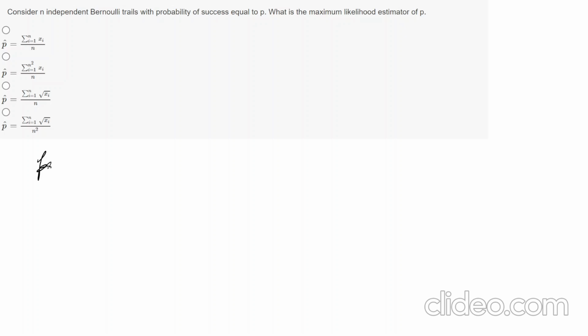For a Bernoulli trial there are only two possible outcomes. Success is given by p. Failure is given by 1 minus p.